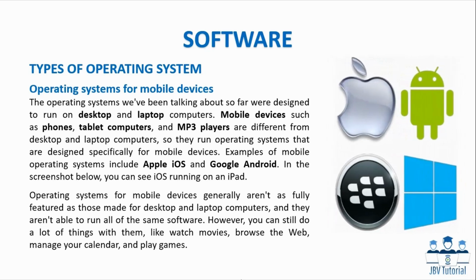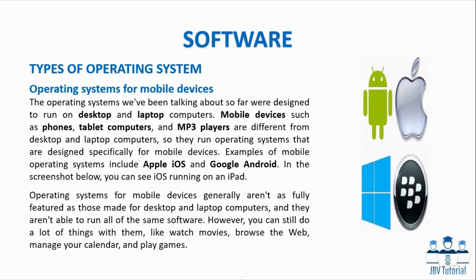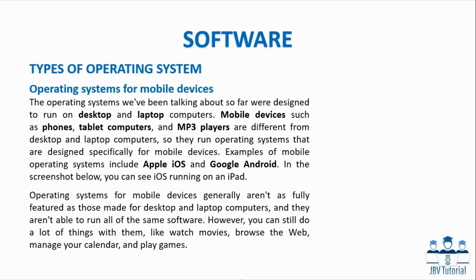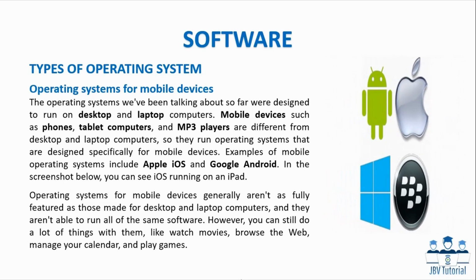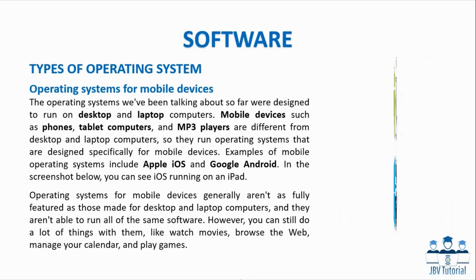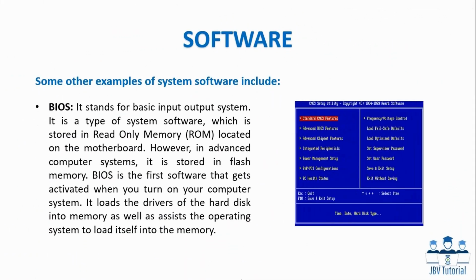Operating systems for mobile devices generally aren't as fully featured as those made for desktop and laptop computers, and they aren't able to run all of the same software. However, you can still do a lot of things with them, like watch movies, browse the web, manage your calendar, and play games.